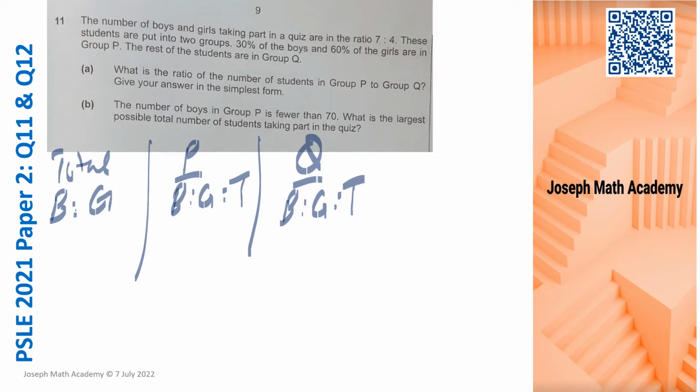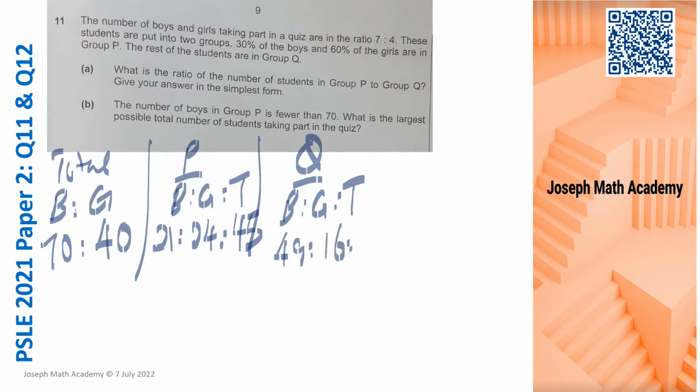All right, this is my 70 and my 40. Okay, this is my 21, my 24, this is my 45. Okay, this is my 49, 16, and 65.